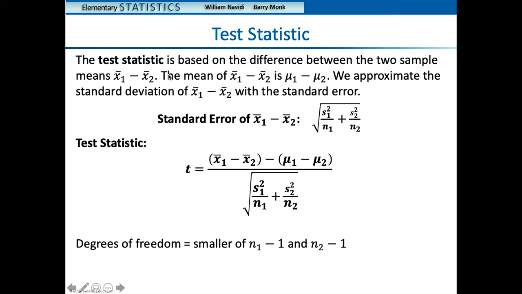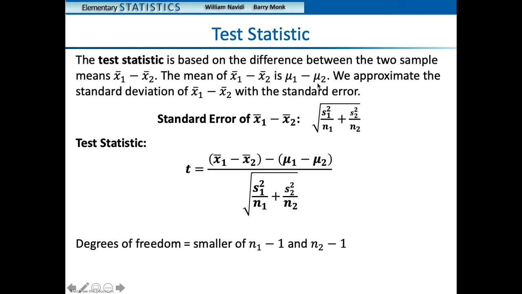This time, the random variable that we want to explore is the difference between the two sample means, x1 bar minus x2 bar. This is a random variable that follows a distribution, and the mean of that distribution is the difference between the population means.